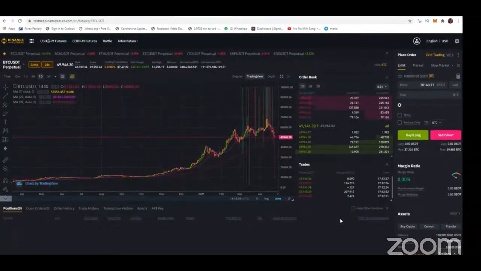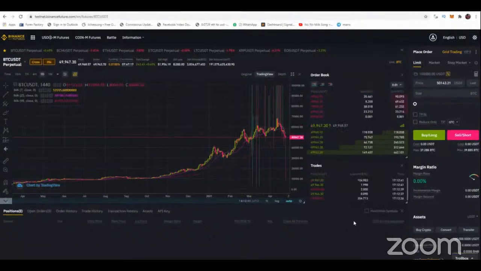Remember that the crypto market is a very volatile market, and a very small movement against you can wipe away your entire capital.